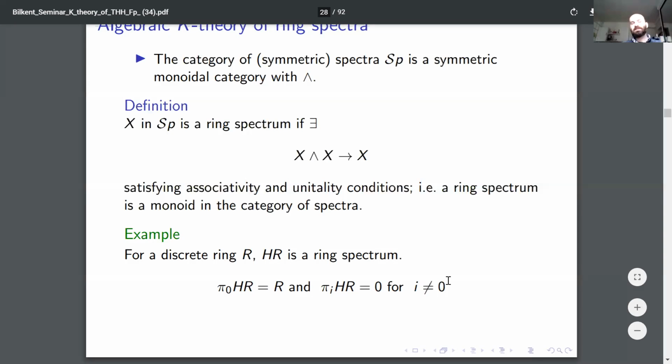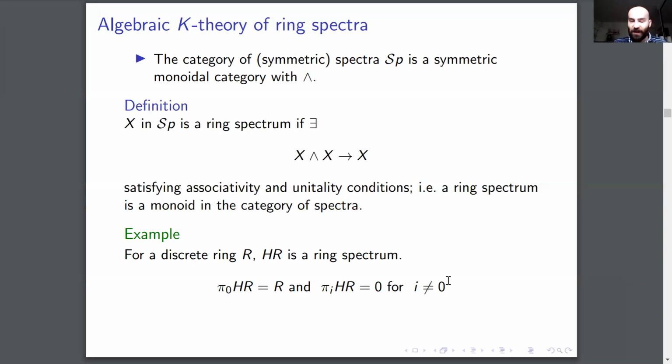Yeah, so I was giving this example: HR is a ring spectrum. And the idea is that these objects are like having classical rings sitting in the category of spectra. At the level of homotopy category, this makes classical rings a full subcategory of spectra.